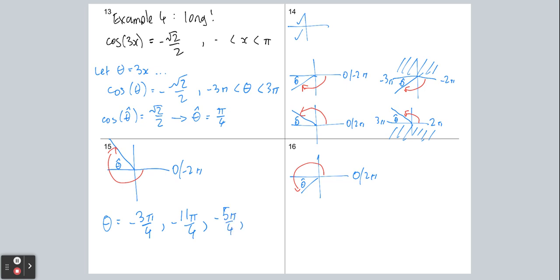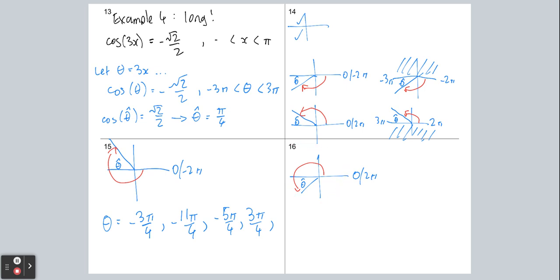Next one. That's all the negatives done. Where are the positives? This one here is between 0 and 2 pi. And so we've gone all the way to pi, which is 4 pi on 4, minus pi on 4 is 3 pi on 4. This next one is down here.